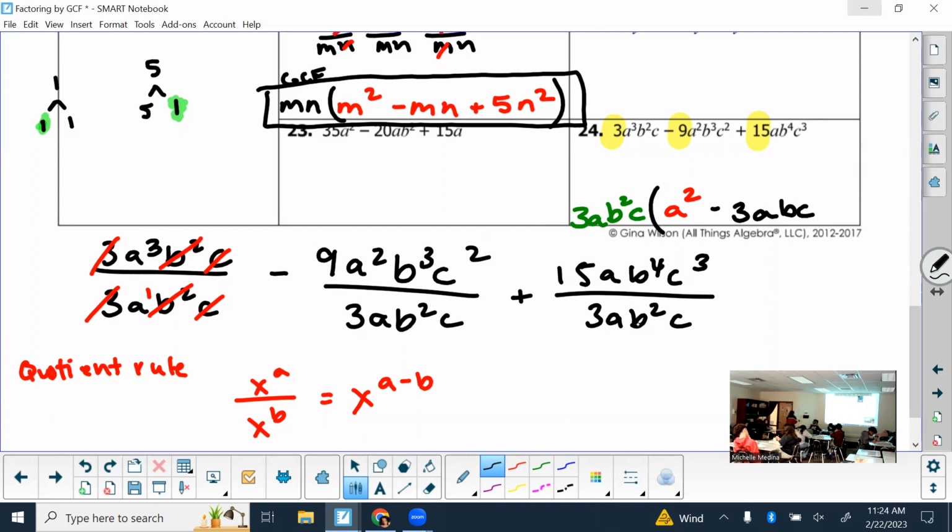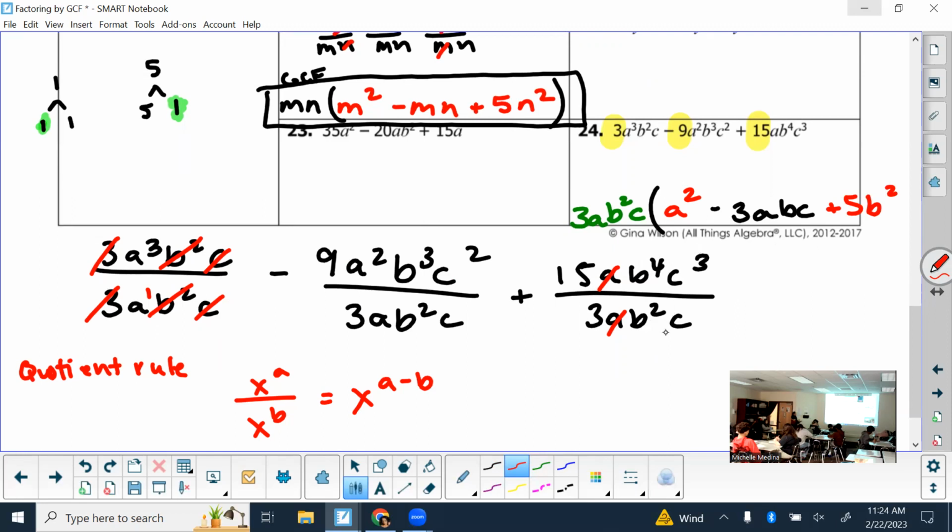And then now we're on the last one. So see if anything cancels. So we have 2A to the first. And that's all that cancels in that one. What's 15 divided by 3? And it's positive, so put +5. B to the fourth divided by B squared.